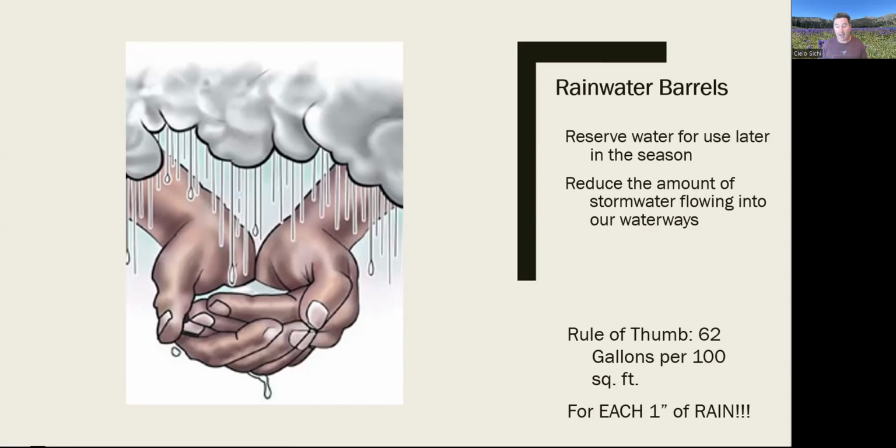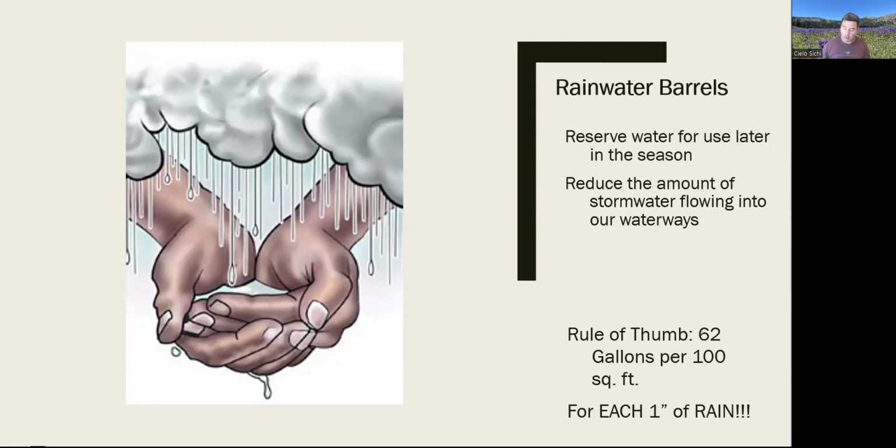So thinking back to some of our previous winters, how many inches of rain did we get? Well, if you're collecting off a 100 square foot area, then multiply that amount by this 62, less a couple losses that we'll talk about, and you can consider how much water you could store for future use.